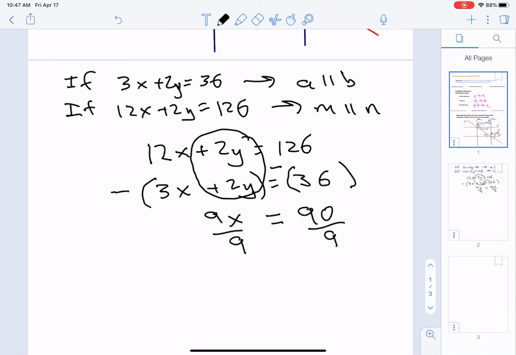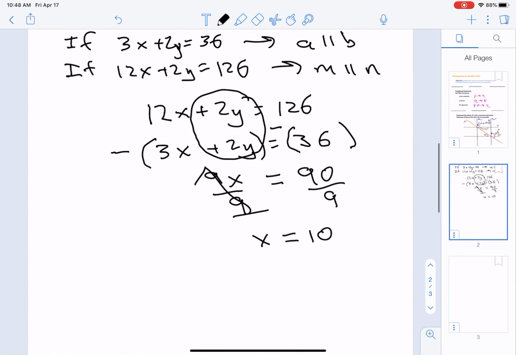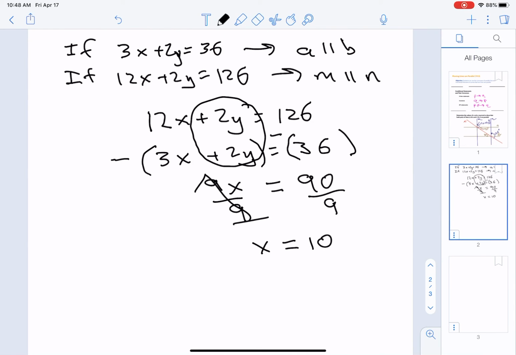So we're going to make a 1 here. I'm going to find that x equals 10. And the way to figure out what y is, you put the value for x back into one of the two equations. I'm going to pick the easy one, the 3x plus 2y equals 36.